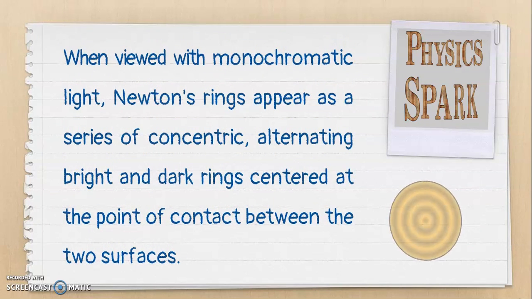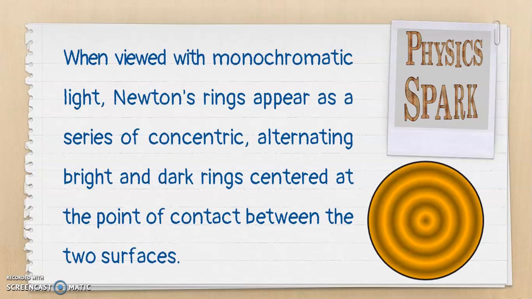Now when we look with monochromatic light, meaning single color light, like sodium light which is of yellow color, then Newton's rings appear as a series of concentric alternating bright and dark rings centered at the point of contact between the two surfaces.